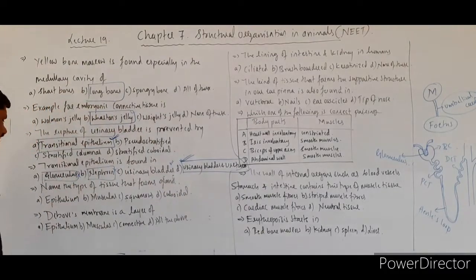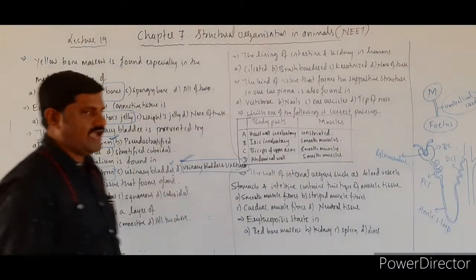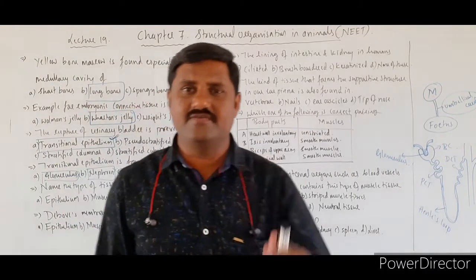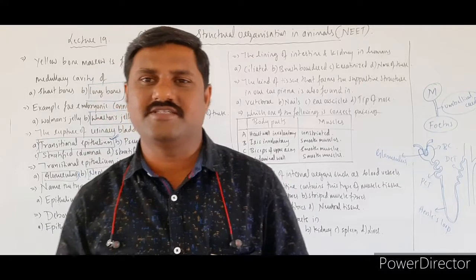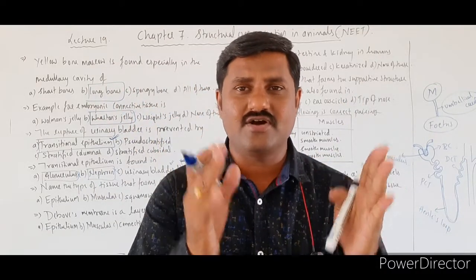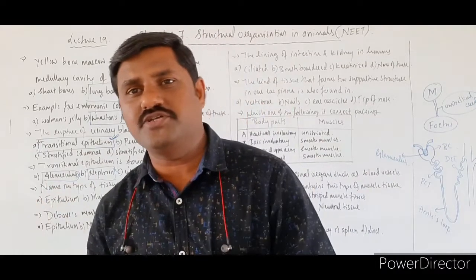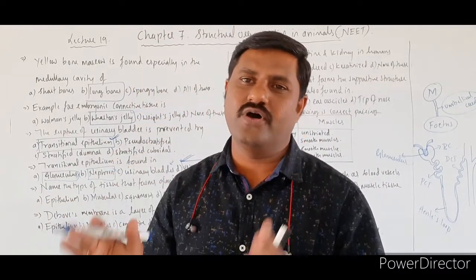So next question we shall go. Name the type of tissue that forms a gland. Already I have given you the hint regarding this in the theory part itself. What is that hint? Usually, if there is any gland, it is lined by which tissue? If anybody asks you, directly go for cuboidal epithelium.